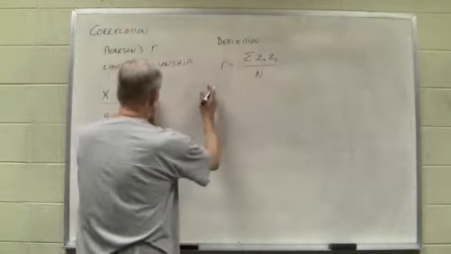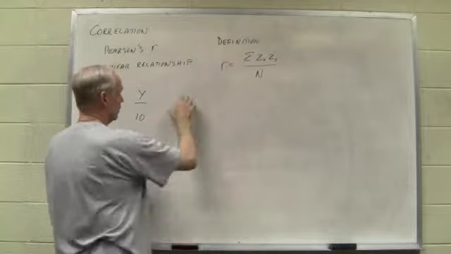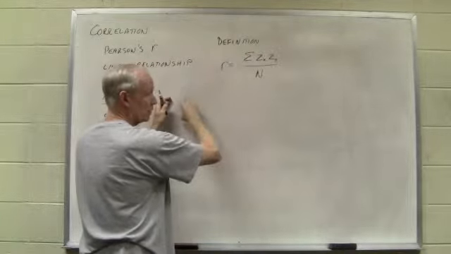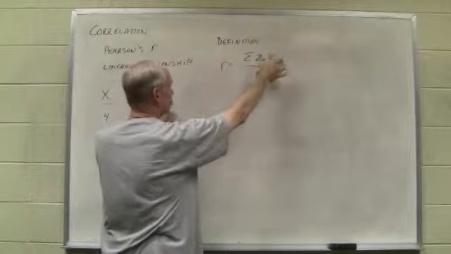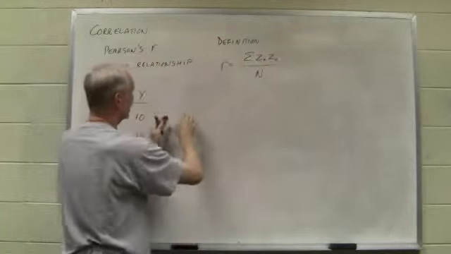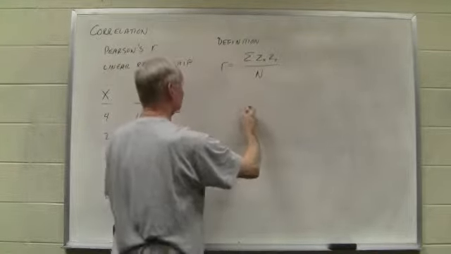So we would now have two columns, one zx, one zy, and then what we would do is multiply the first value in each column together to get the zx1, zy1 product, and then for the second, zx2 times zy2.